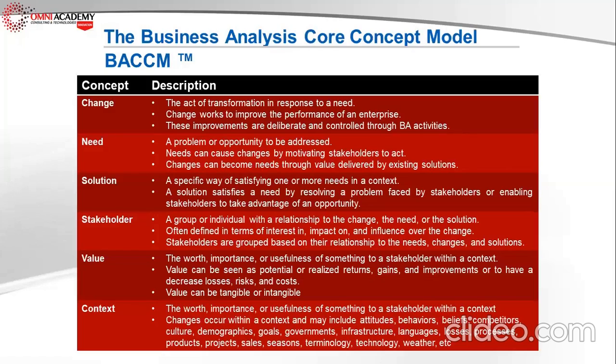Now, what is it? Let me give you specific details. BACCM consists of 6 elements: change, need, solution, stakeholder, value, and context. Let's not worry about a lot of different concepts, but these 6 things are present in every business analysis activity.